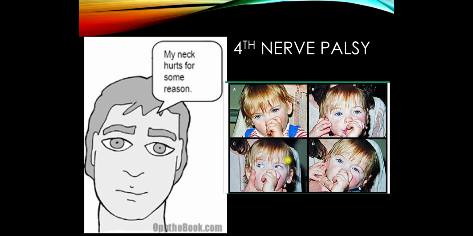Okay, and what we really like to do to bring out a fourth nerve palsy is have the patient tilt the head in the direction of the lesion, because when you tilt your head to the left in this case, and just imagine you're tilting your head to the left, so your head is going this way, then for your eyes to fixate on something, you need this left eye to encyclotort, like this.